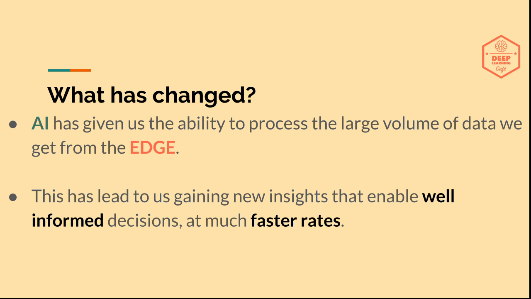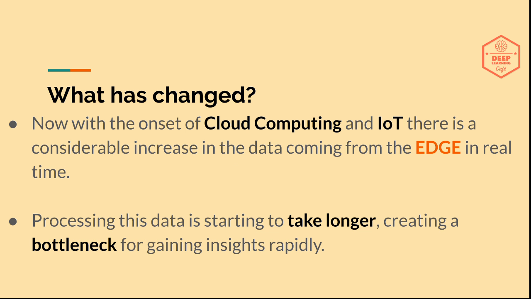So like I've hinted at a little bit, the edge currently gives us quite large volumes of data. And AI came along and gave us the ability to process all this data and make it useful, so we could get insights that could help us make well-informed decisions at a much faster rate, which was previously impossible, because you can imagine sifting through all this data manually and trying to get insights from it.